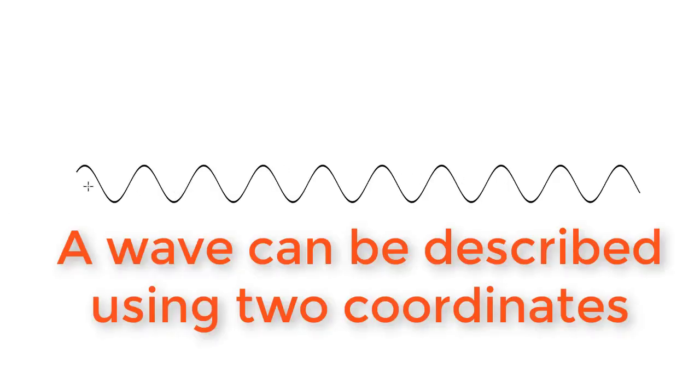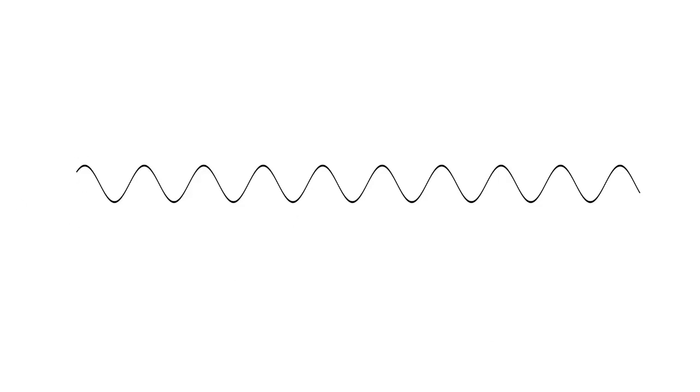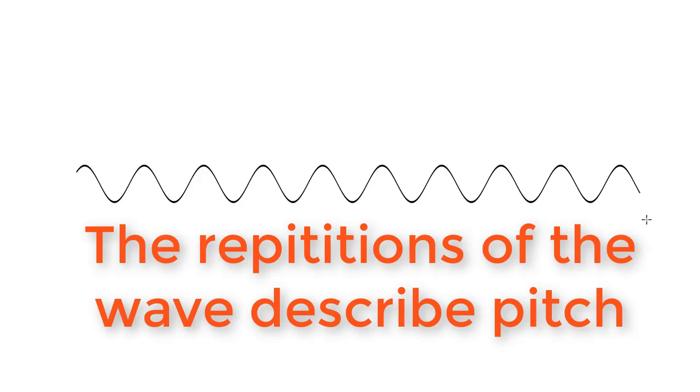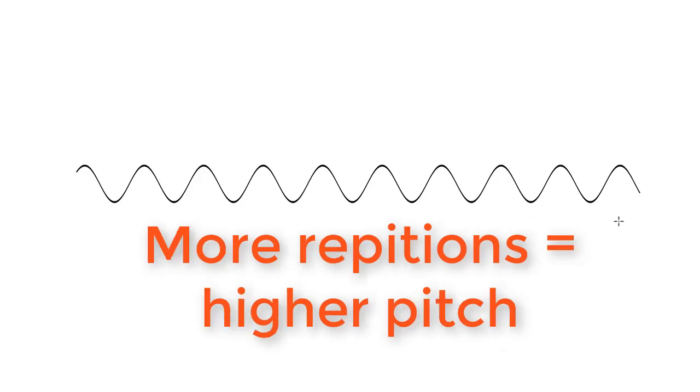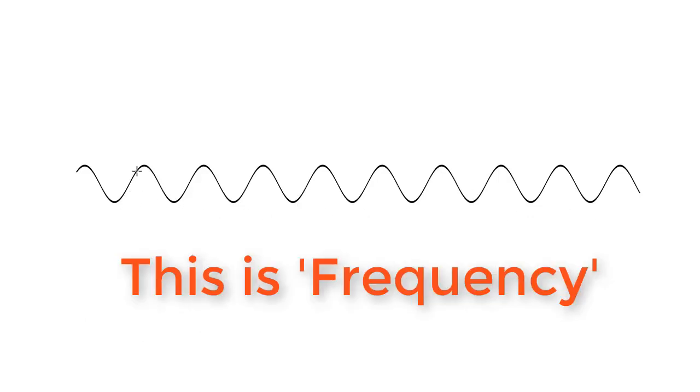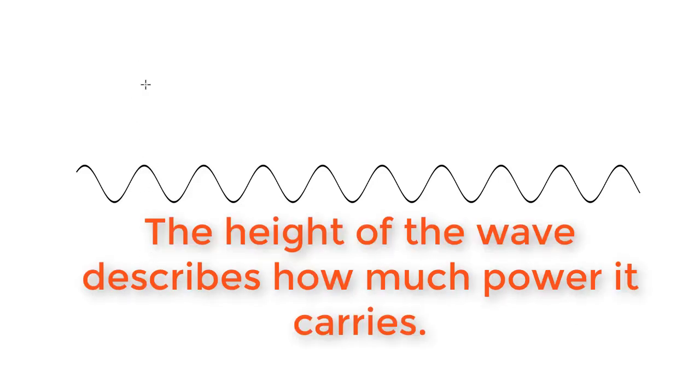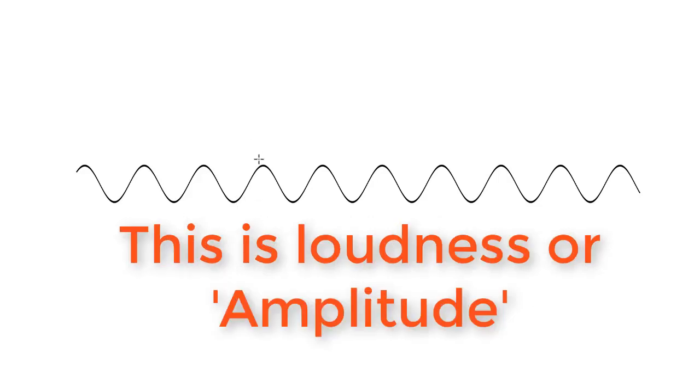So it moves this way and it moves this way. Now, the density of the wave horizontally, how many peaks and troughs this wave has, will dictate pitch, and we'll call this frequency.